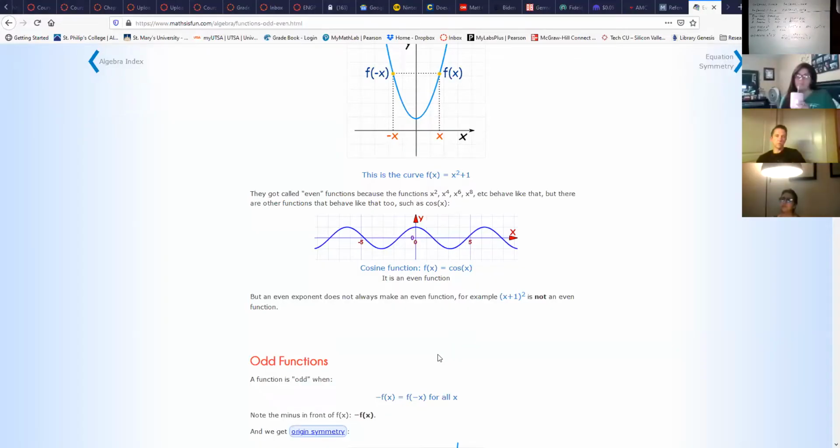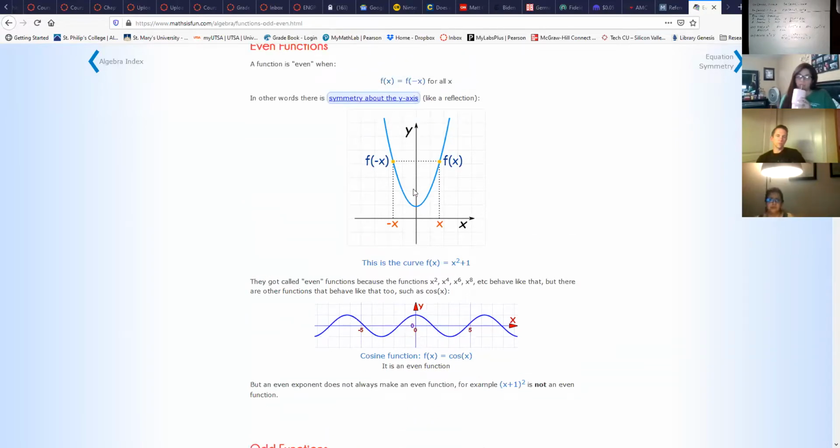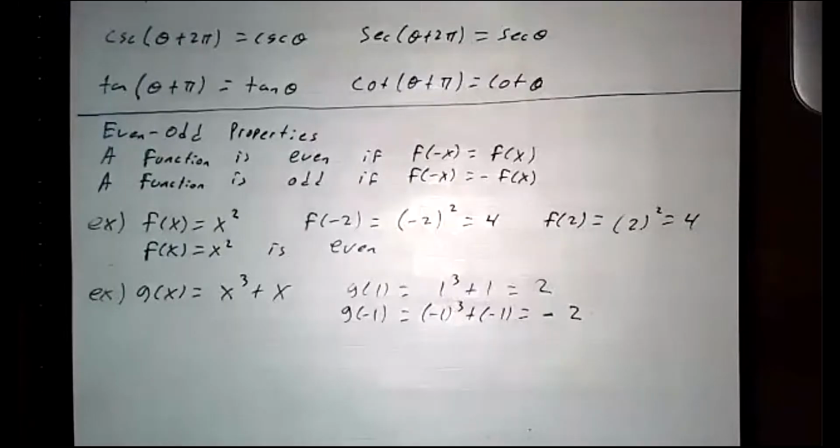So it comes down to symmetry. So here's the cosine function when you graph it. You see how it's symmetrical on the y-axis, just like the parabola. So if you cut it in half, you get the same thing on both sides. And if you were to plug in values, for example, let's go back to the circle.